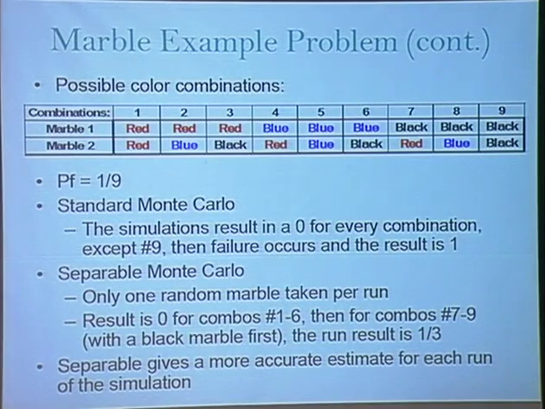And so conceivably, you can get the right answer by drawing only 3 balls. You know, if you did a red and a blue and a black, you did 3 trials and you got the right answer. That is, you calculate the average of 0, 0, and 1/3, and that average is 1/9.